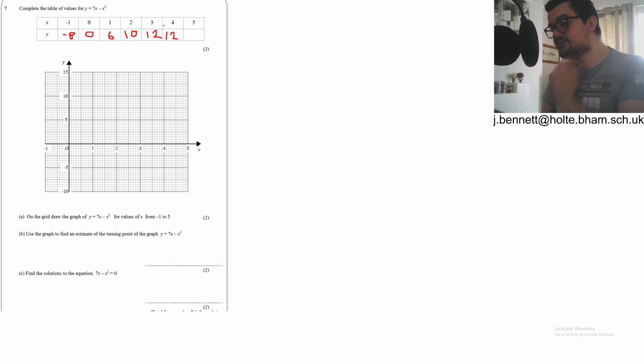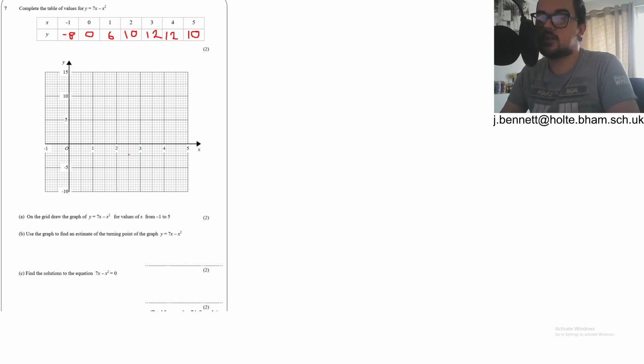You can do this written down just to see if you're getting the same answers. 7 times 5 is 35. 35 minus 5 squared. 5 squared is 25. 35 minus 25 is 10.